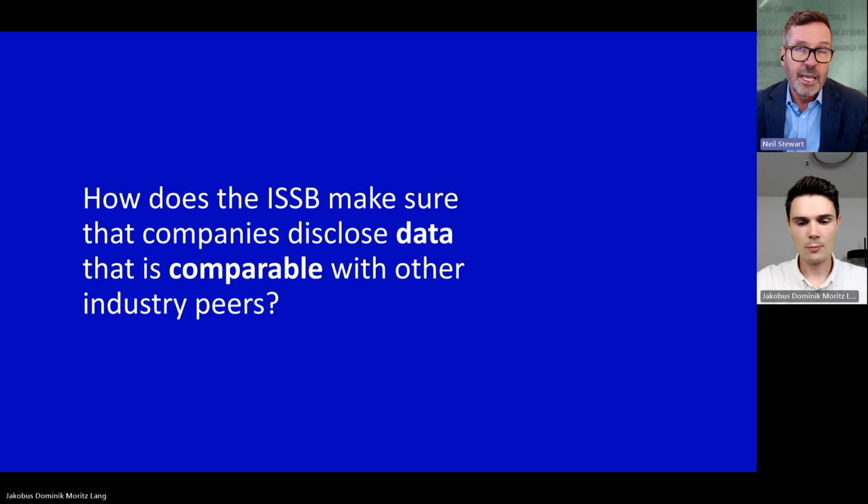They include, for example, over 90% of the S&P 500, but also more than 75% of the Euro 350 and substantial portions of the large indices elsewhere in the world, including Asia Pacific. So really the world's largest companies are already using SASB standards and TCFD recommendations, and now can work very efficiently to move to the next level of ISSB standards.